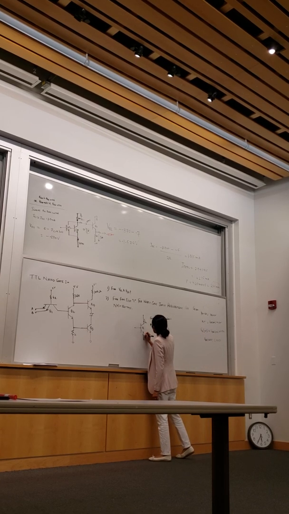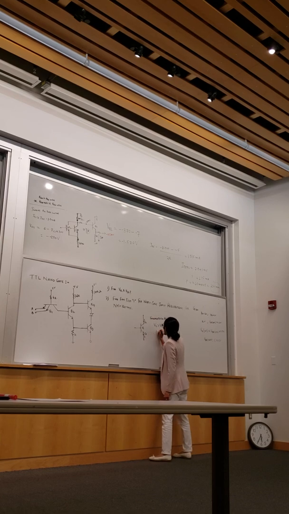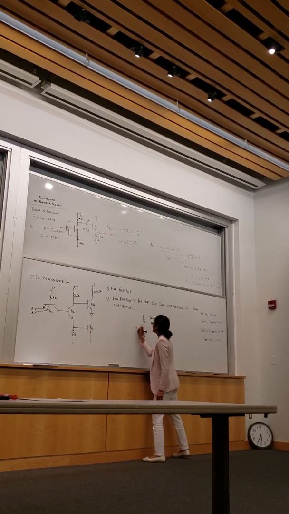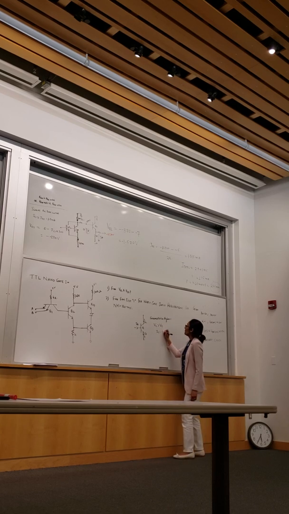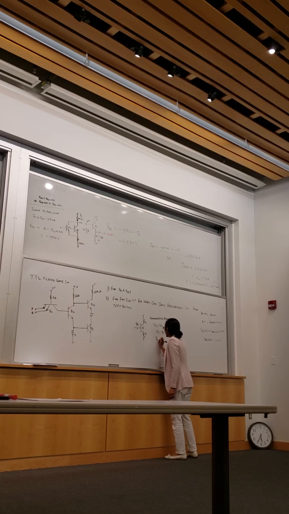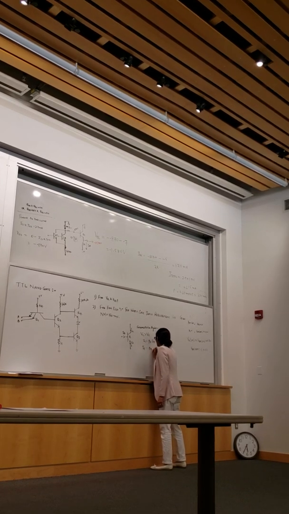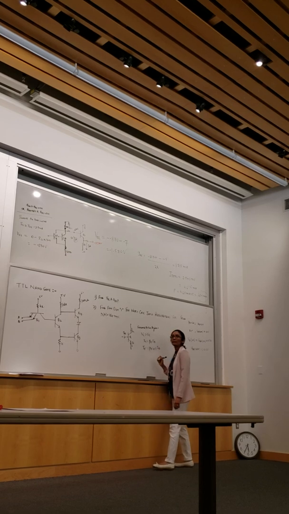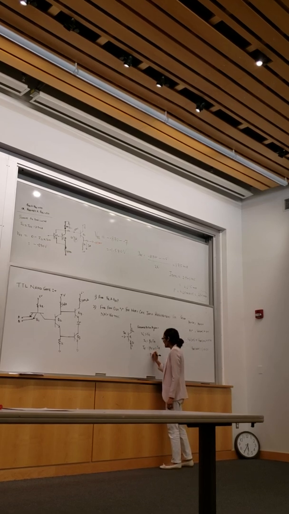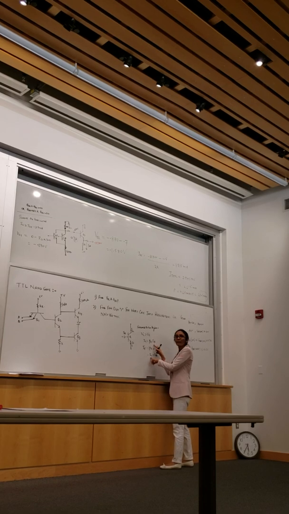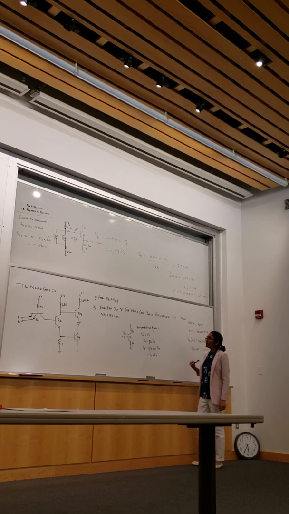And this is IC, this is IE. And what is IC? Beta forward IB. And what is IE? Beta forward plus 1, IB. You know how you get this? Basically, IE is the sum of IC plus IB. Since IC is beta of IB, you factor out IB and then you get this expression.